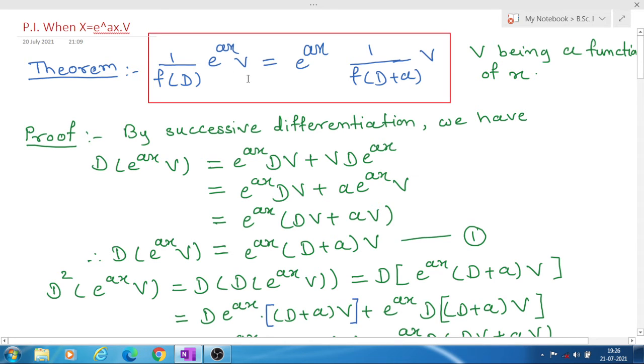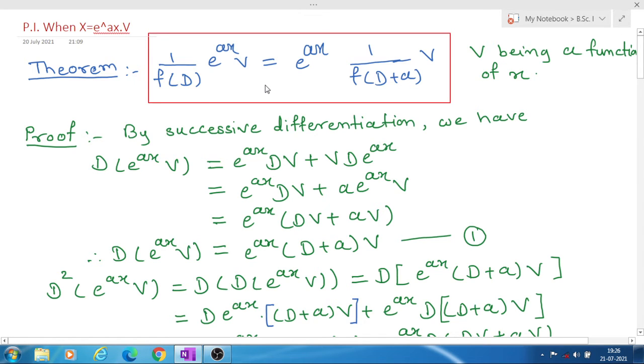Here two functions are appearing, a product of two functions, where one function is fixed, e raised to ax, and another function v is any function of x.